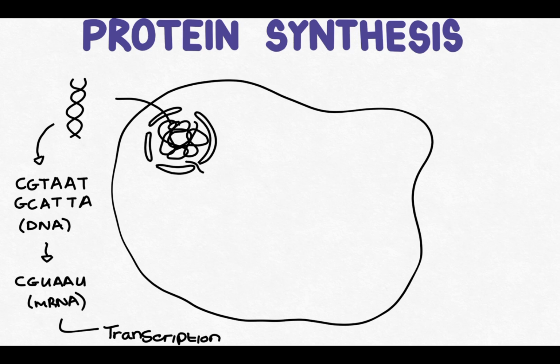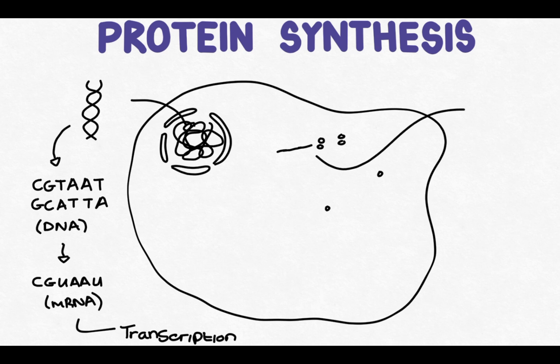The mRNA molecule will then exit the nucleus through one of the nuclear pores and go towards a ribosome. At the ribosome, this is where protein synthesis or translation takes place. So my GCUAAU code will then attach tRNA molecules with a complementary code. So in the mRNA molecule, the three bases together are called a codon.